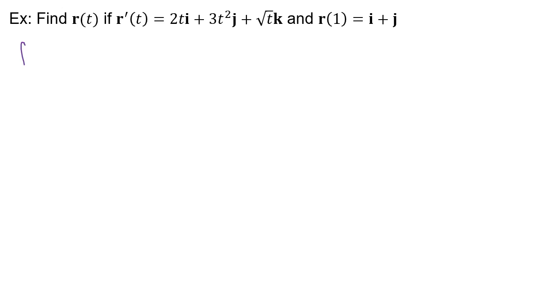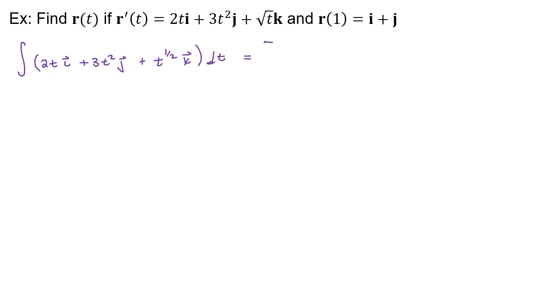So we want to integrate the 2t i plus 3t squared j. Oh, sorry, I left the k part off. And the square root of t, which I'm going to rewrite as t to the 1/2 k. So I want to integrate this and find the c value.